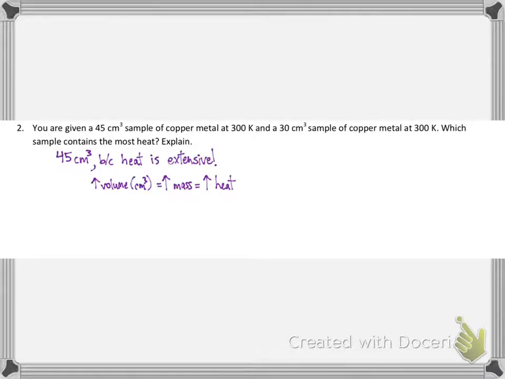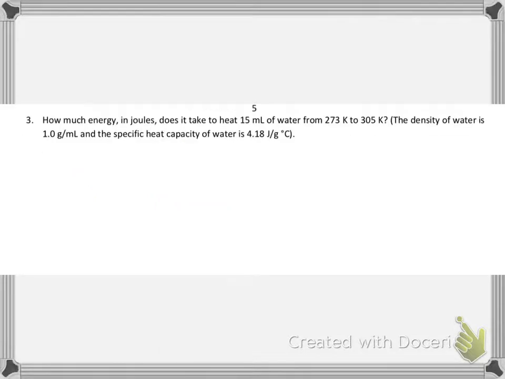All right, hopefully you are getting a handle on specific heat capacity, so let's go ahead and try some mathy math. Yum, MCAT. So the first one is pretty straightforward because you want to know how much energy in joules does it take if you want to heat 15 milliliters of water from 273 Kelvin to 305 Kelvin. Now, one thing that is important to remember is that the density of water is the amazing 1 gram per milliliter.